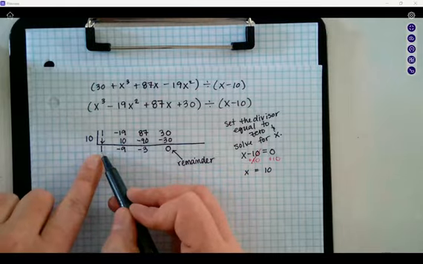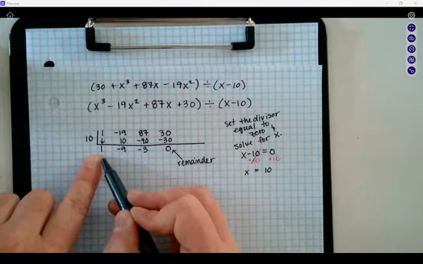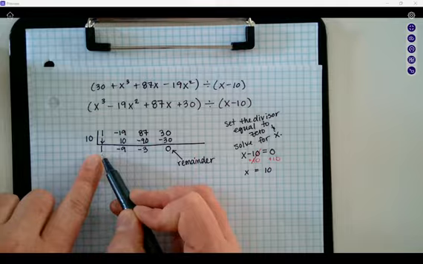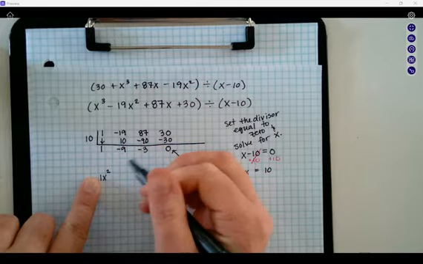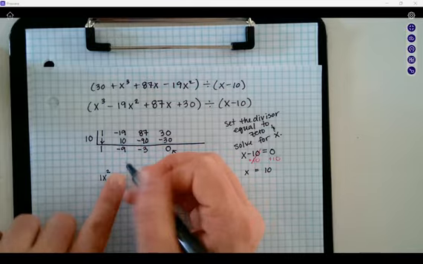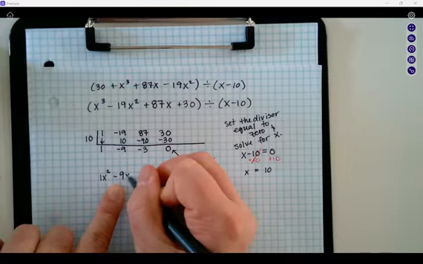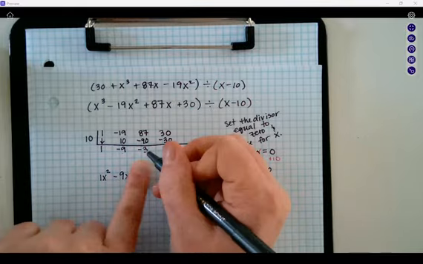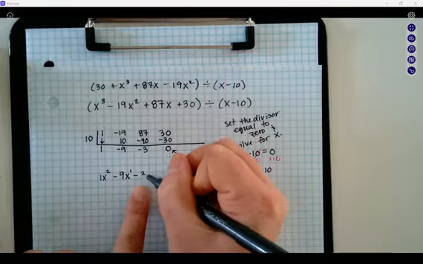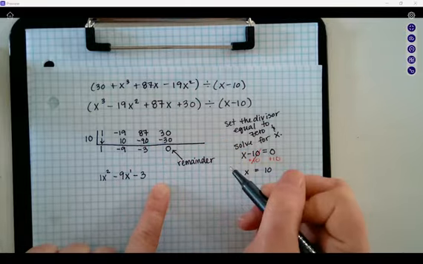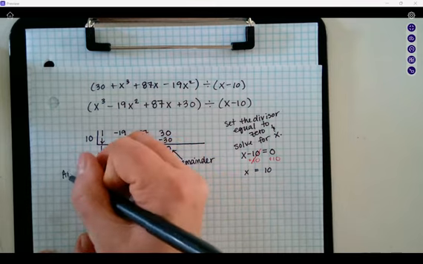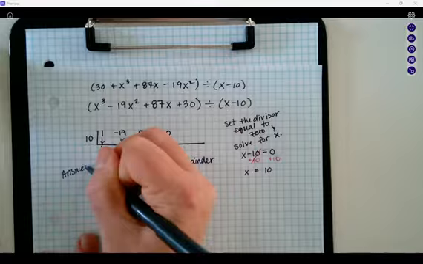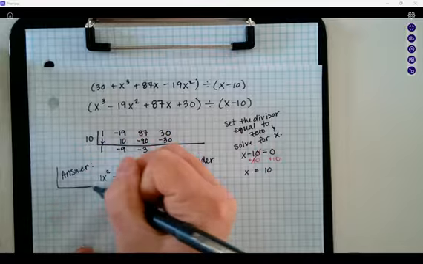So each of these terms here in our result, they are our new coefficients. So we're going to have 1x squared. We're going to have -9x to the first power. We're going to have -3. And we have no remainder, so I don't need to put anything for my remainder. So here's my answer. Now remember, it's technically called a quotient.